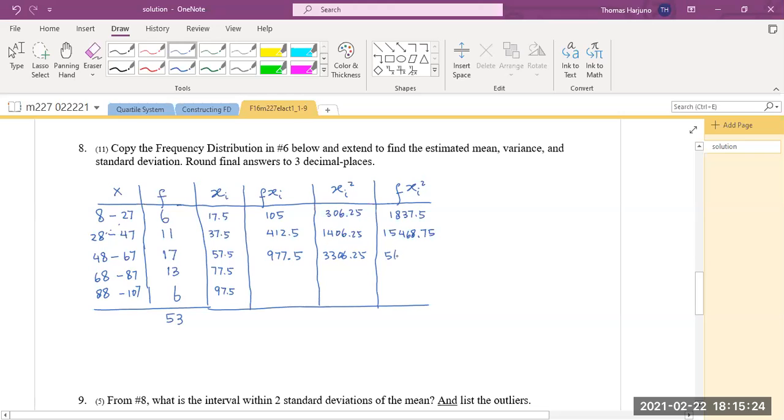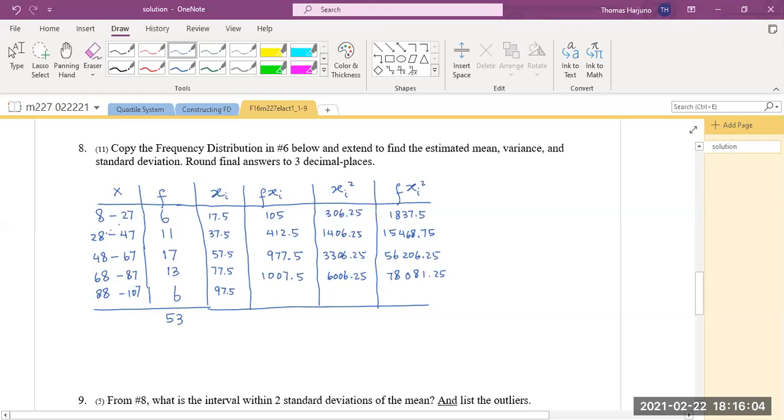That's 56,206.25. 77.5 times 13 is 1007.5. 77.5 squared is 6,006.25 times 13 will give me 78,081.25.